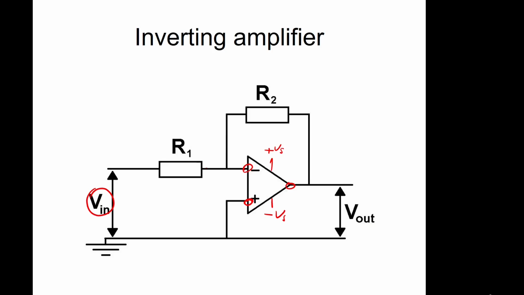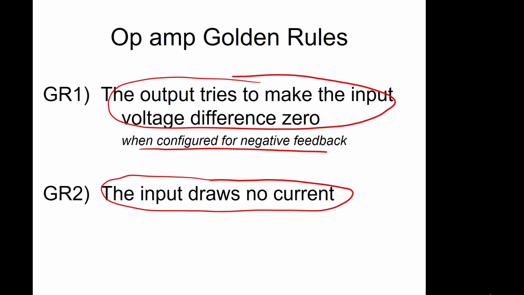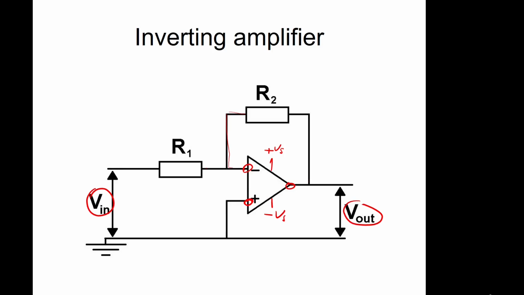So corresponding output V out, and we're connecting the output back through a resistor, resistance 2, back to this input terminal. So as we set in the golden rules, when configured with negative feedback, we've got our feedback output getting fed back to our negative input.